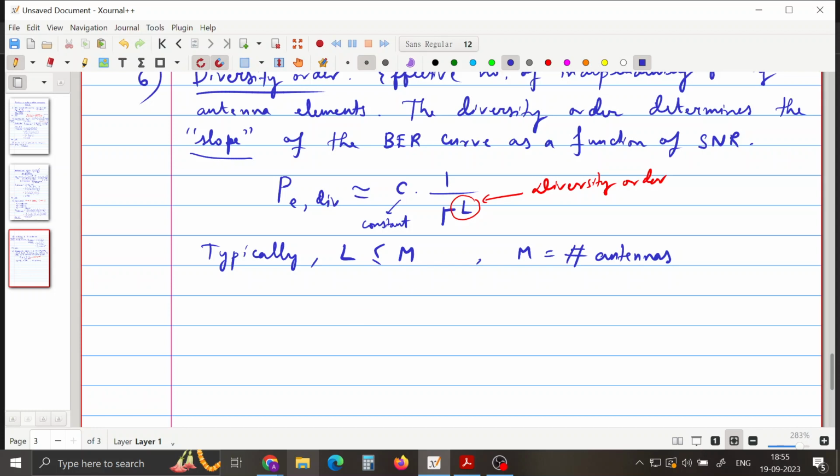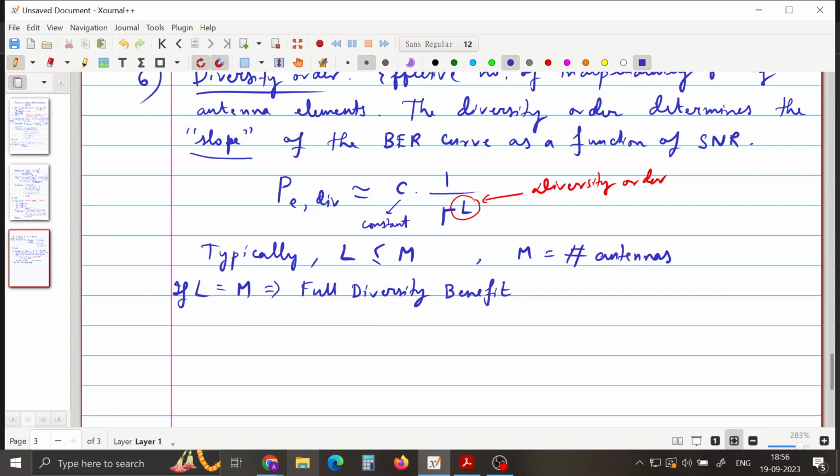For L equals M, that's the best you can achieve. We call this full diversity benefit. All these things were discussed.